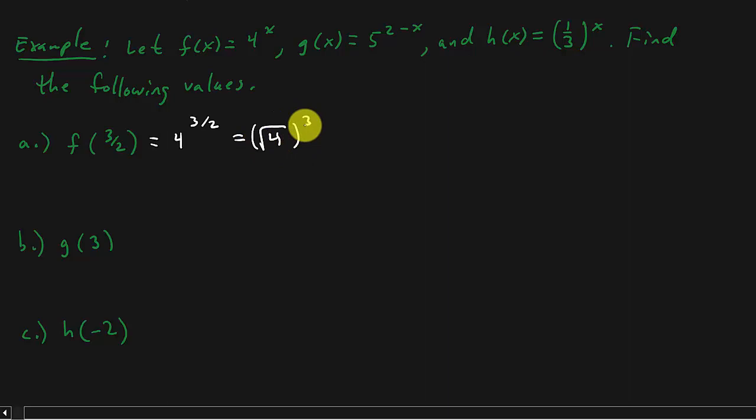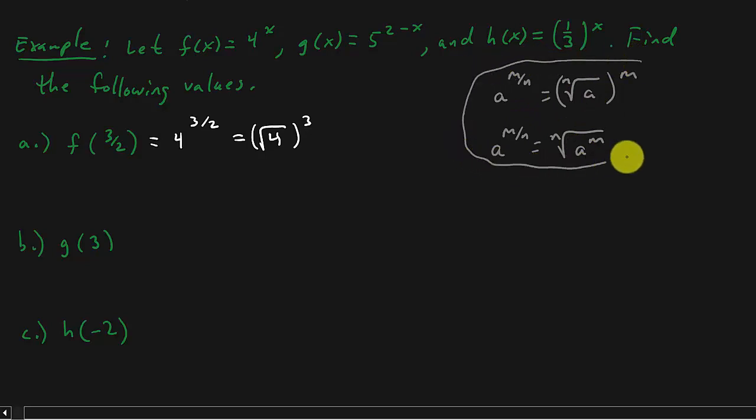If you remember, you have a property that says a to the m over n is equal to the nth root of a to the m, and a to the m over n is equal to the nth root of a to the m, raised to the m. These were the formulas here.